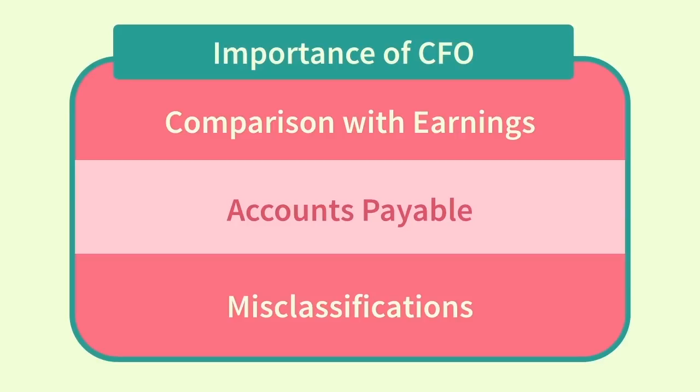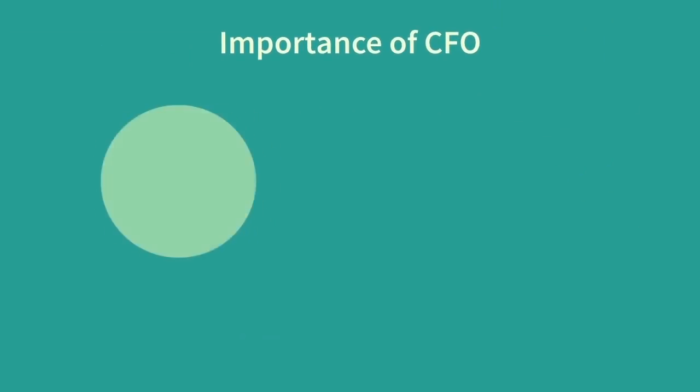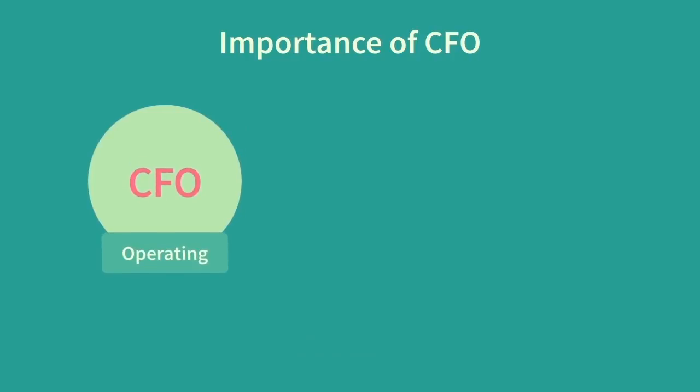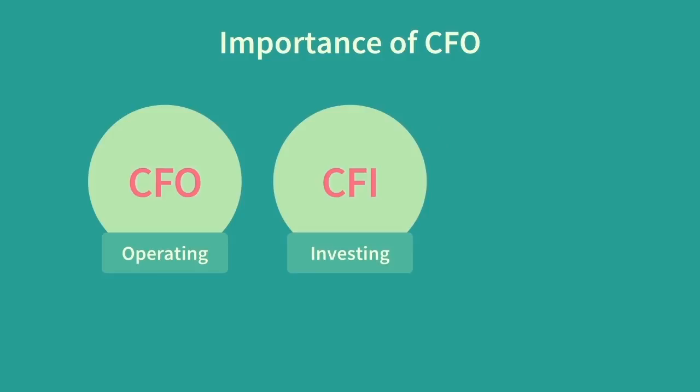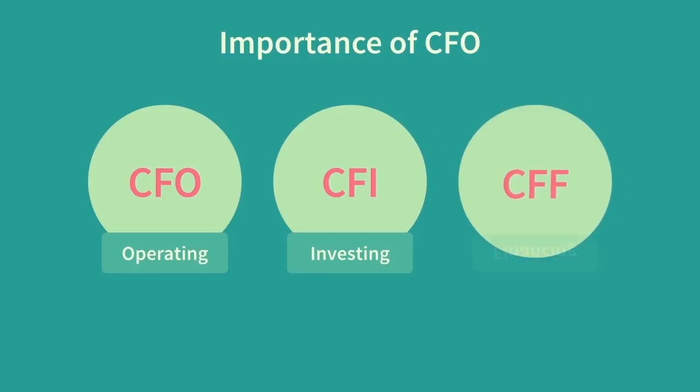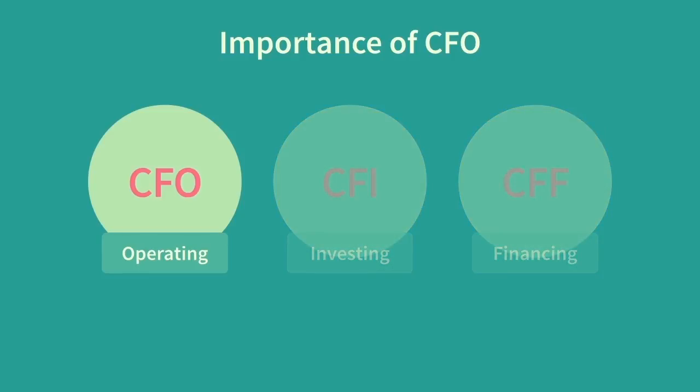There are 3 elements to the cash flow statement: CFO, relating to operating cash flows; CFI, relating to cash flows from investment activity; and CFF, relating to cash flows surrounding financing activities. CFO is seen as a reality check on the firm's reported earnings.